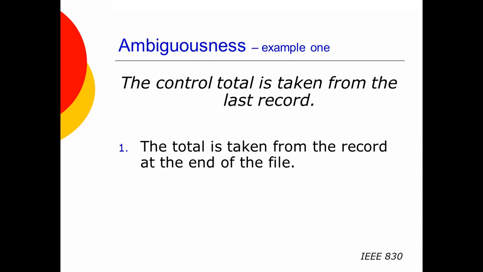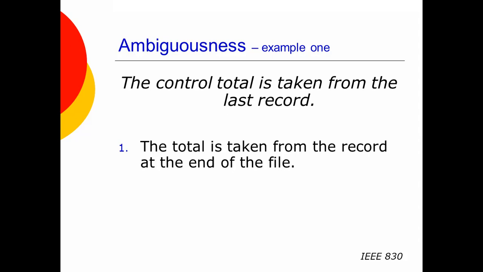Suppose you have one file and you choose the last record. Suppose you are totaling some data, and from the file you choose the last record. If this is the formula you are using for the total and you are choosing from the file, it may be ambiguous.